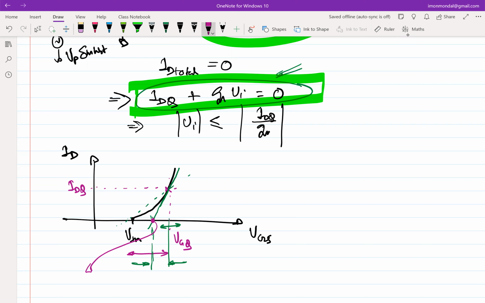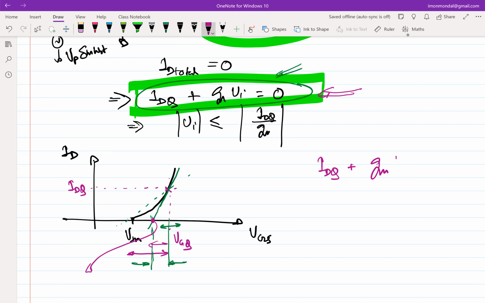Instead of going there, we can go step by step. Essentially, you set this to 0. When you set this to 0, what do you get this point to be? How much is this difference if you set that to 0? So when I say IDQ plus GM VI, I am saying IDQ plus maximum GM times maximum input.